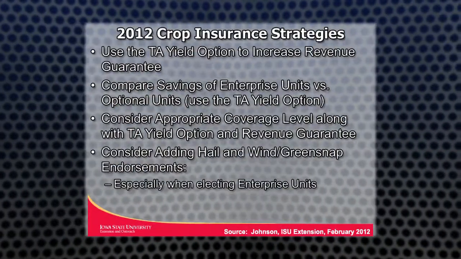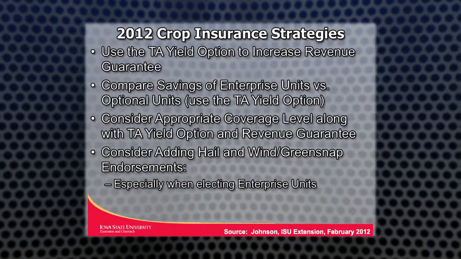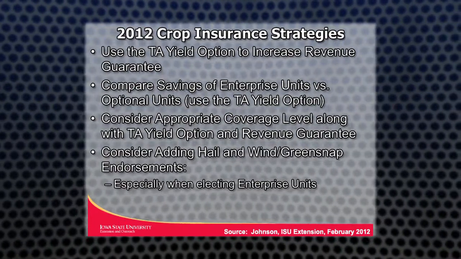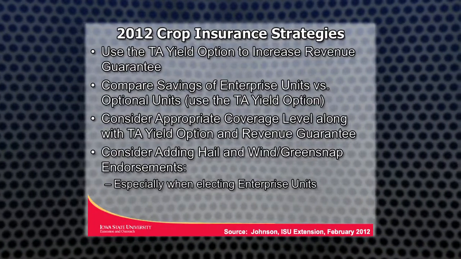So it covers that issue when you have a hailstorm or a windstorm on individual farms, perils that hit some farms and not others. And that's especially true when we are electing enterprise units, because enterprise units, again, combine all cornfields together in the county for coverage.